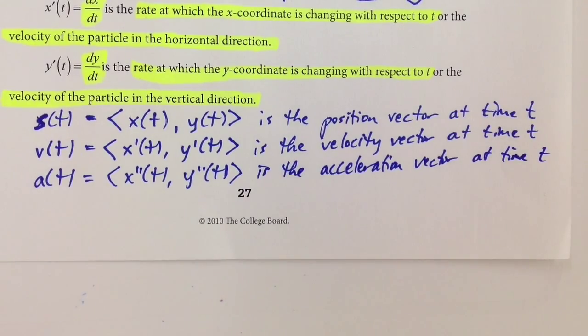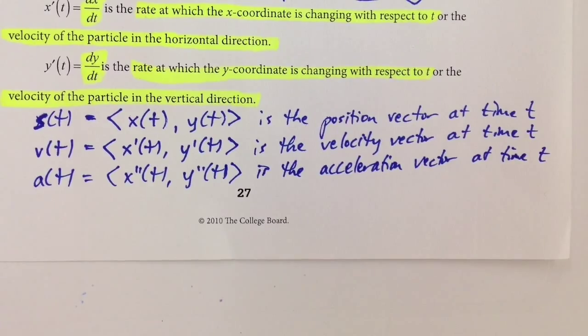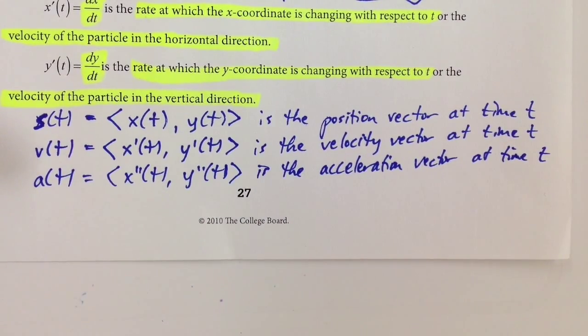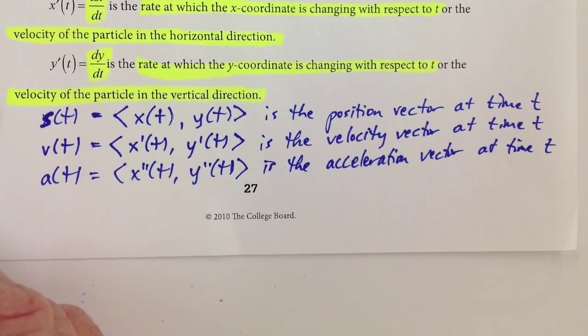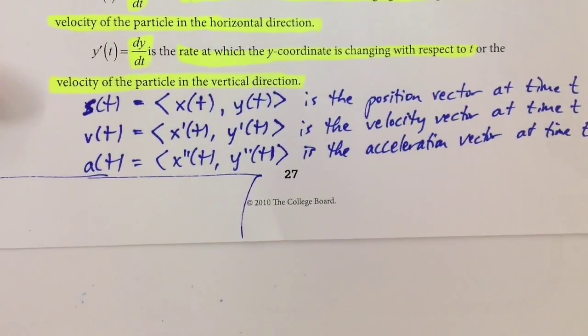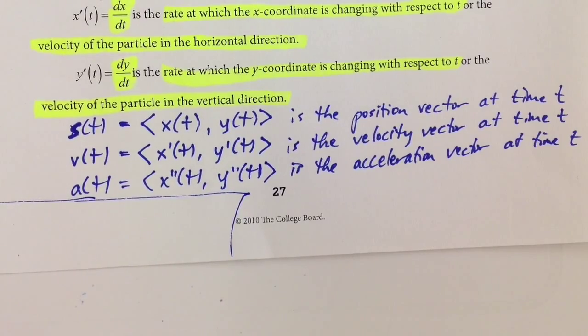Okay, we're going to do a couple examples of how we use this notation here. And one other thing I guess I should point out, let's do this in the lower left-hand corner here. Make sure you have all the notation in your notes.